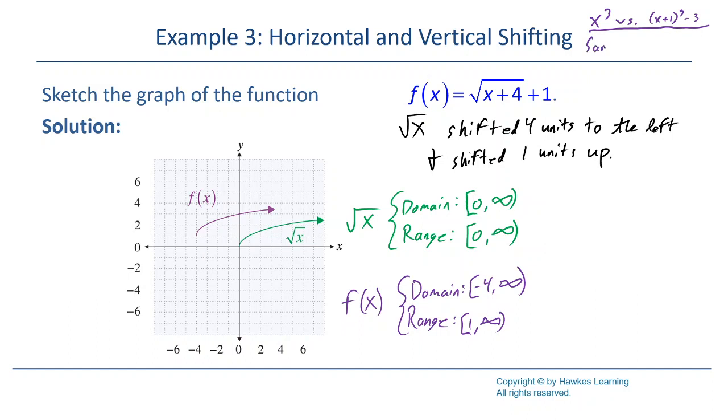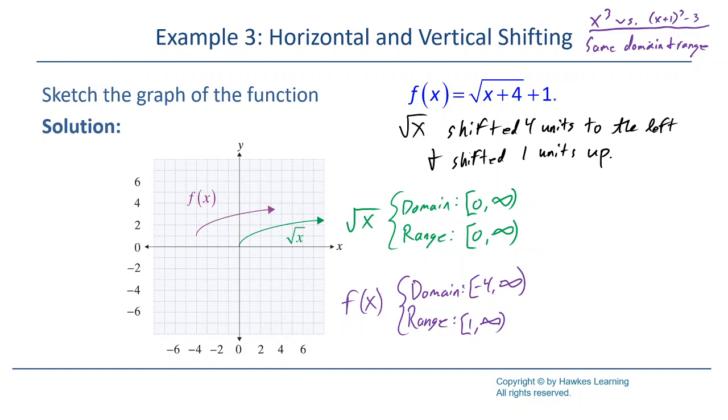Both of them have the same domain and range, because that domain and range were both already negative infinity to positive infinity. So if you're shifting around all the values left or right, you're still getting to use all the values.